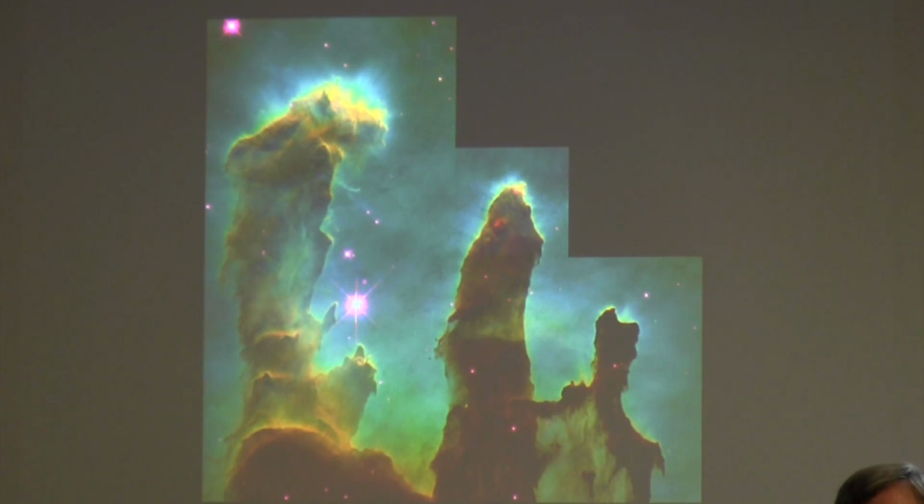When it was launched, they figured out that the main mirror had a flaw in it, meaning they could not get sharp images from Hubble, which was really ironic because it was built to make the sharpest images ever from space. Unfortunately it had this problem, but it was the best problem they could have had, because they could characterize that flaw extremely precisely, and they could create optics that would compensate for it relatively easily.